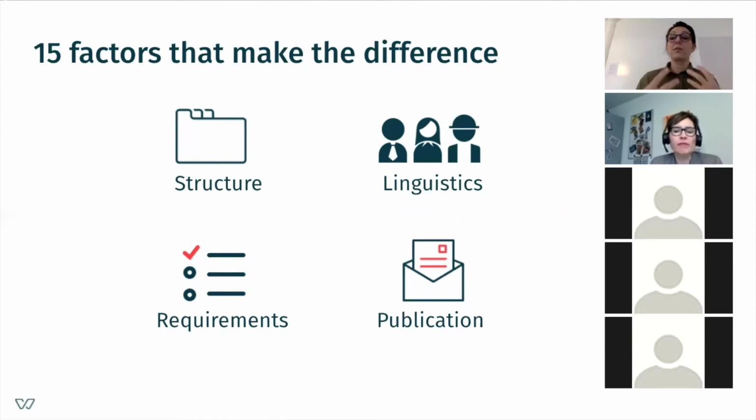It's all about transparency and building trust. Naturally, another category is the linguistics, what words and word combinations you're using. Another category is the requirements, and I'll come back to that right afterwards. And in the end, it's also about where you publish your job ad.